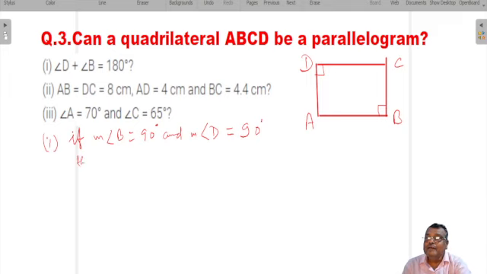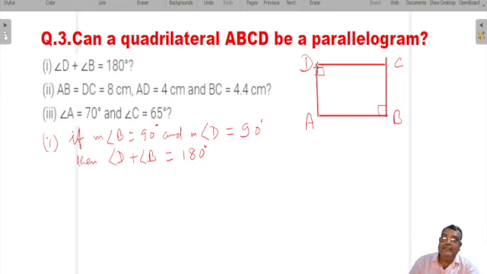Then angle D plus angle B is equal to 180 degree. If angle B is not equal to 90 degree and angle D is not equal to 90 degree, then quadrilateral ABCD cannot be a parallelogram.